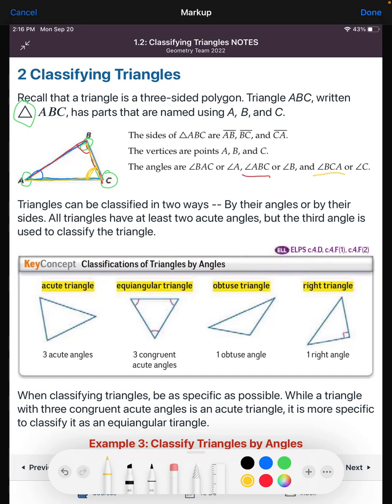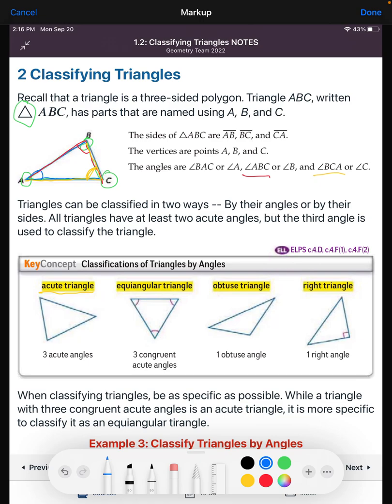Triangles can also be classified in two ways: by their angles or by their sides. All triangles have at least two acute angles, but the third angle is used to classify the triangle. In this picture, we have first an acute triangle, which has three acute angles.